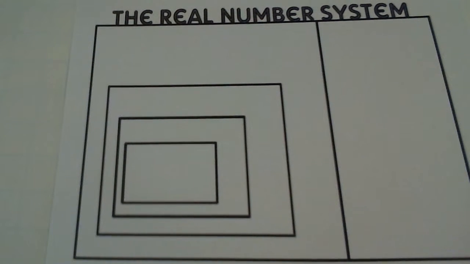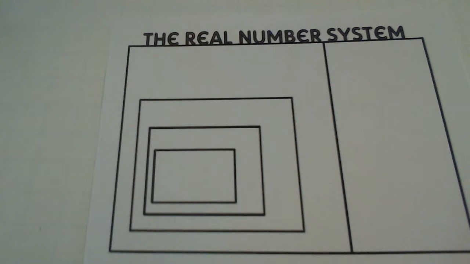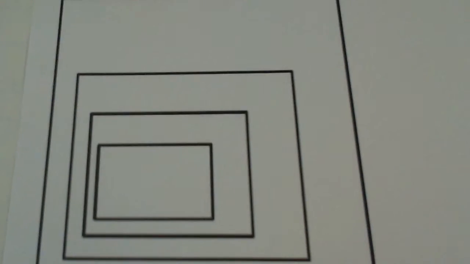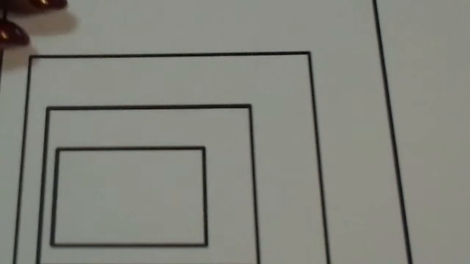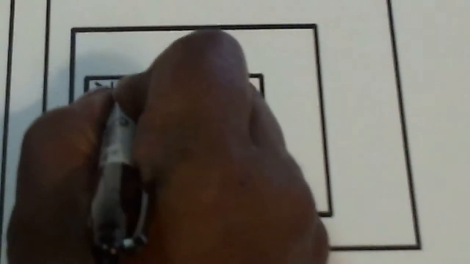Now, to fill out the organizer, I'm going to zoom in a little bit so you can see better. There we go. Okay, natural numbers, also called counting numbers. We're going to fill this in.